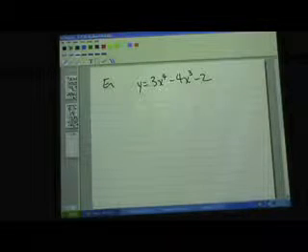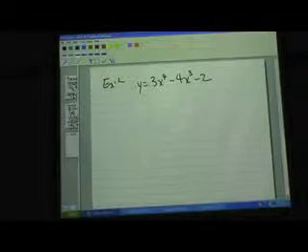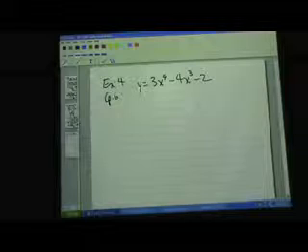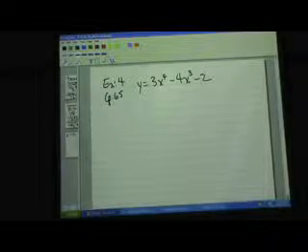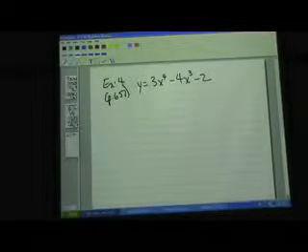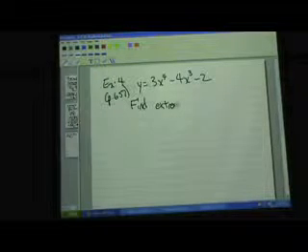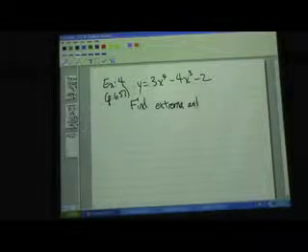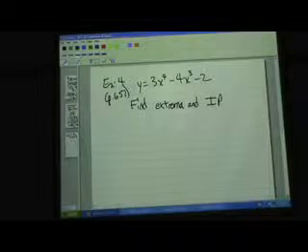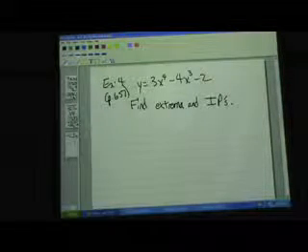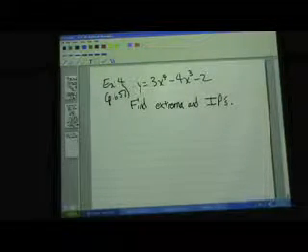Example 4 on page 657. And the instructions are find the extrema and inflection points. I'm going to start abbreviating inflection points, IP.